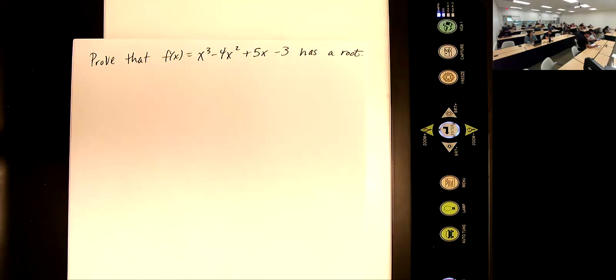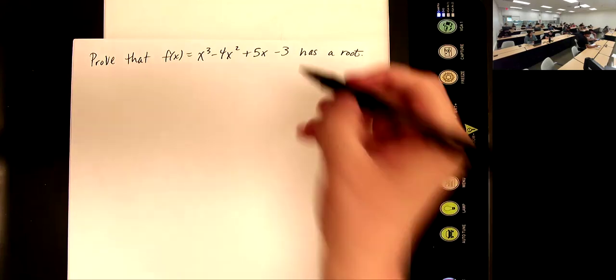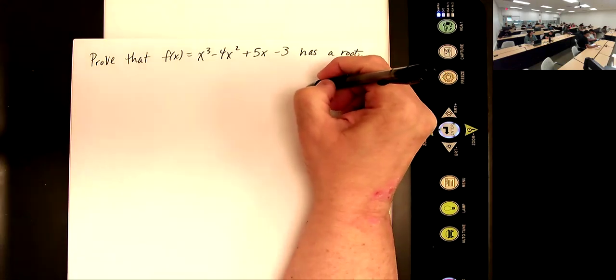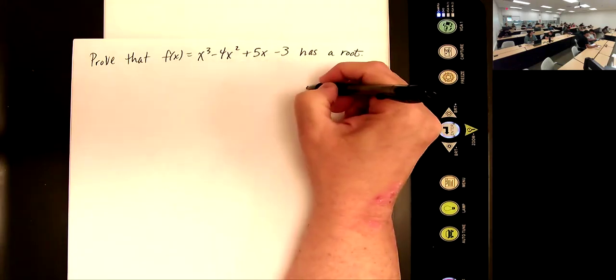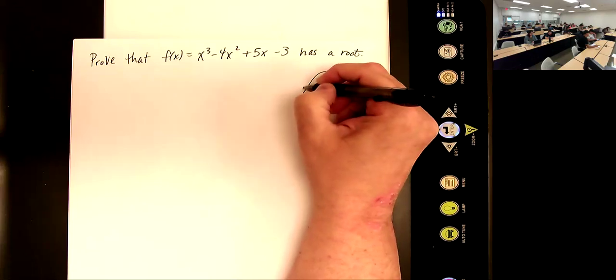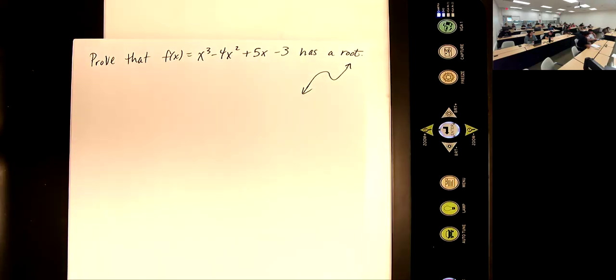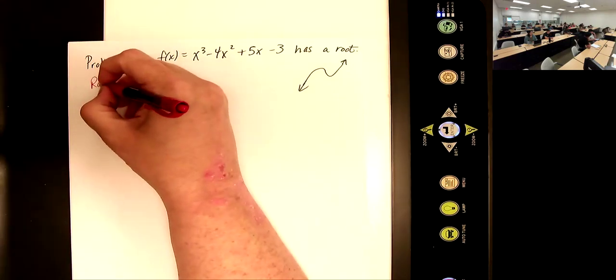Now, there is no way for this one to not have one, because when you have an x cubed with a bunch of other terms, it's gonna look something like that. So it's infinite. The range is infinite. It's gotta cross somewhere. We know that. But we're gonna show it by using the intermediate value theorem. Roots, as a reminder, roots are where f of x equals 0.